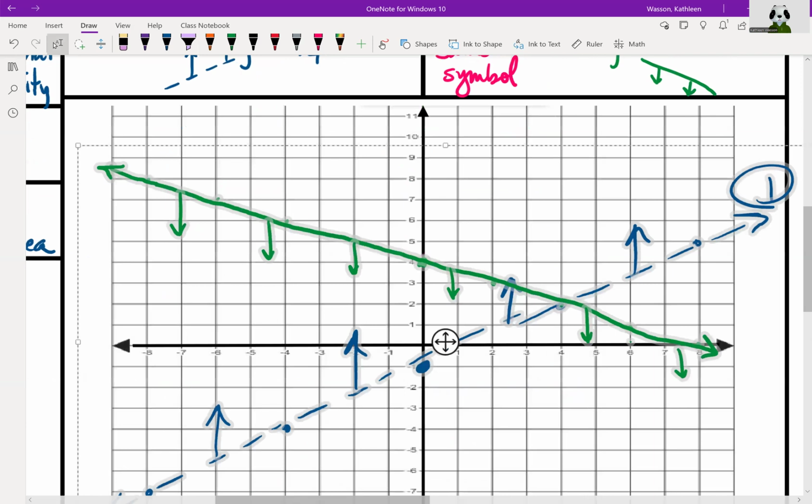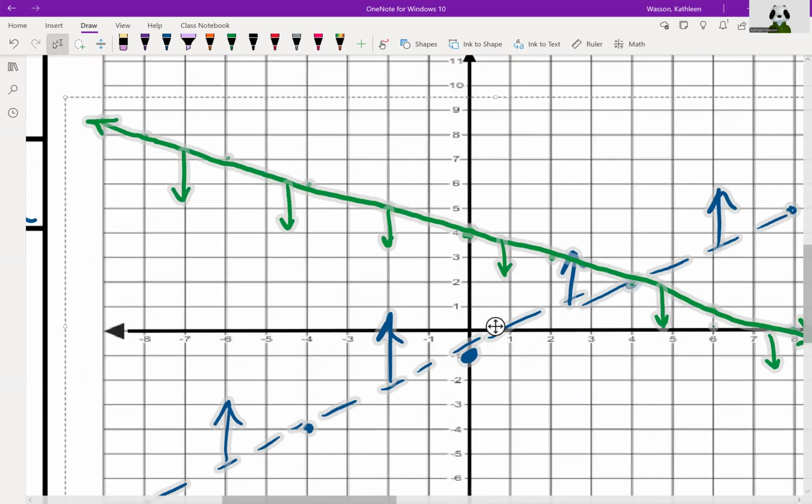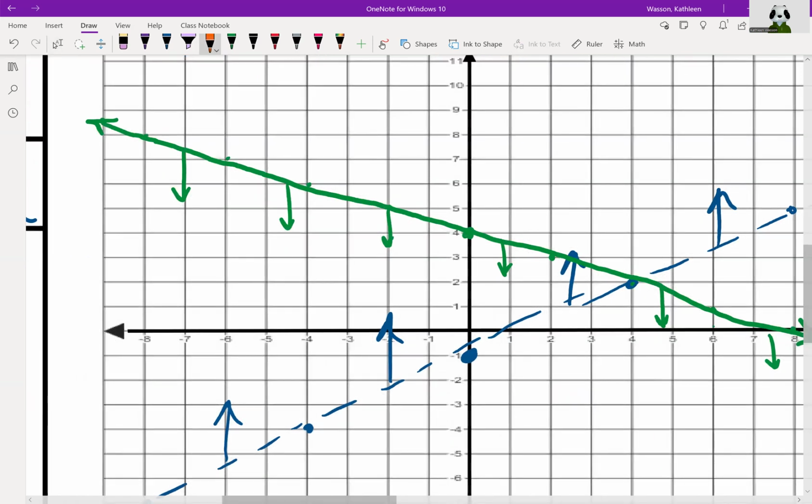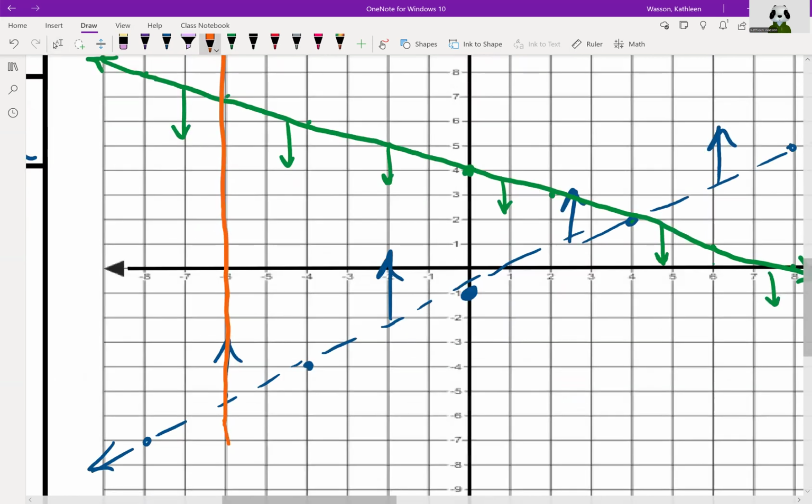That graph will look like this. Everything to the right of this line satisfies this inequality.